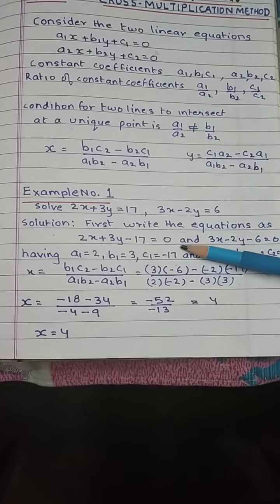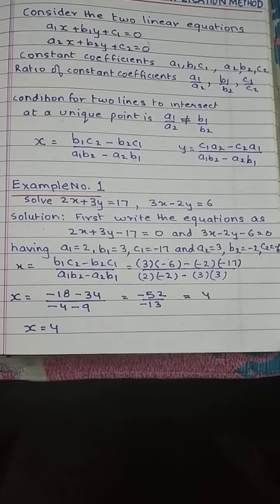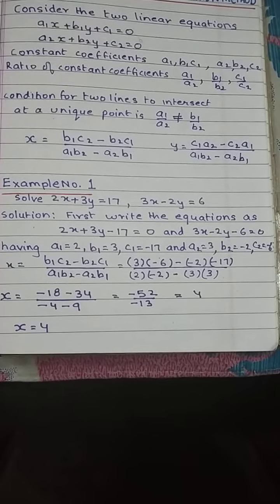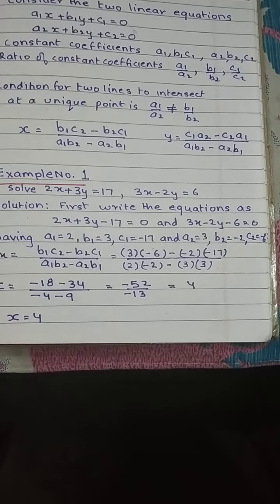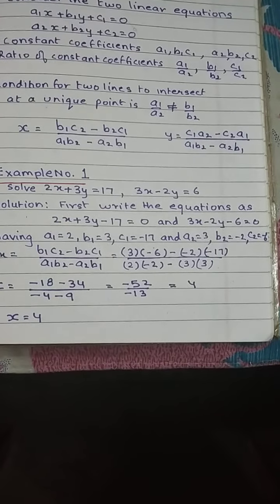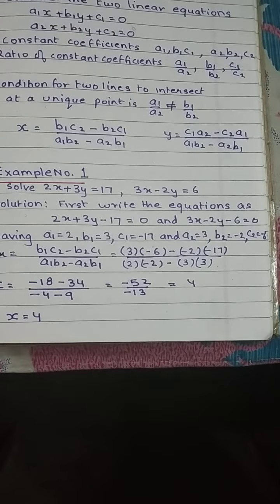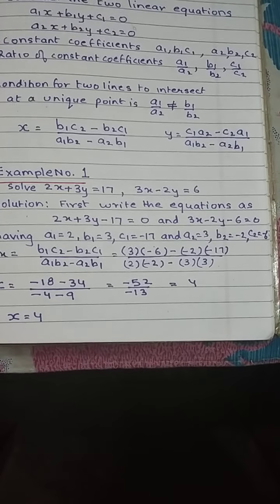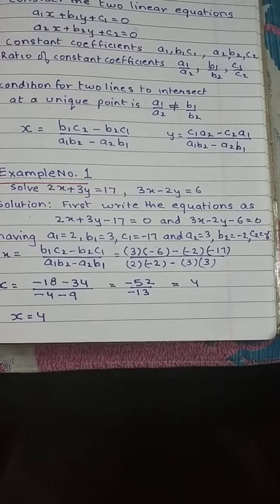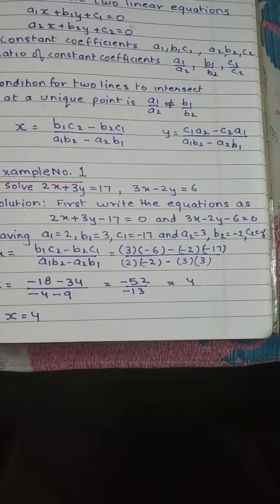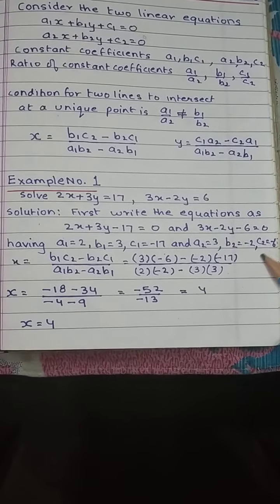Now we find the values of the coefficients: a1 is 2, b1 is 3, c1 is minus 17, a2 is 3, b2 is minus 2, c2 is minus 6.